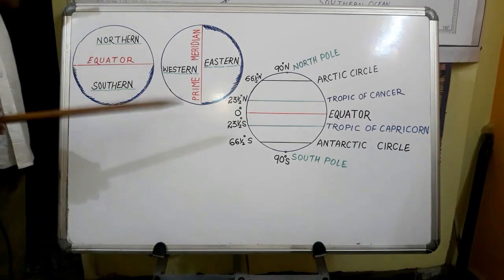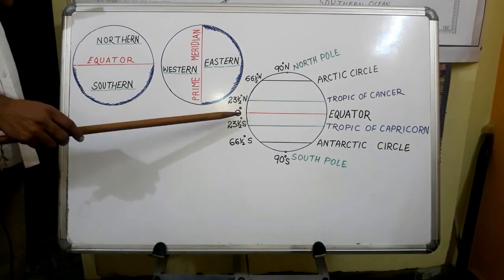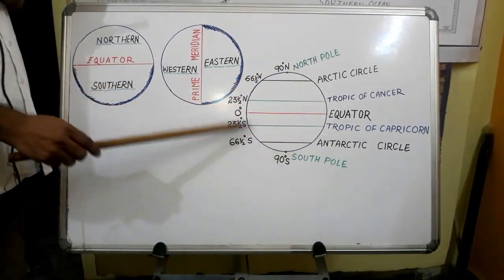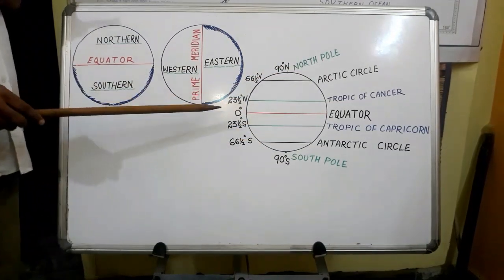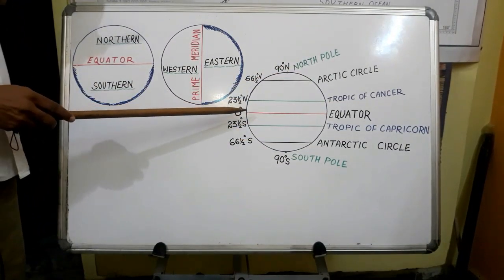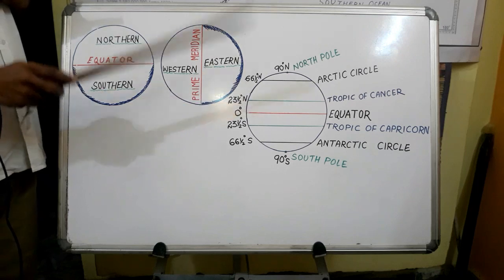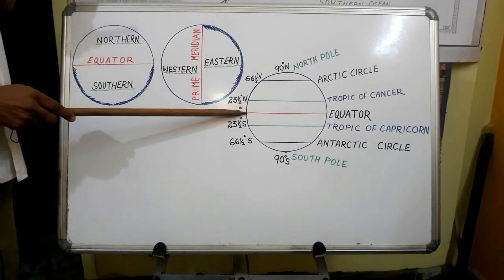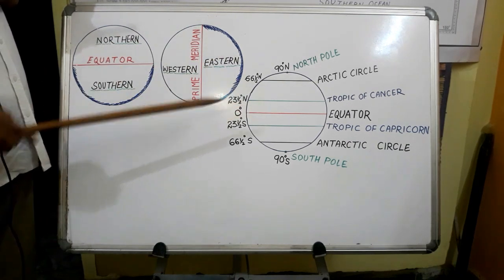Now the next important thing which I want to share with you is the fundamentals, that is the most important latitudes on the earth's surface. These are imaginary lines, as I said right from the beginning.